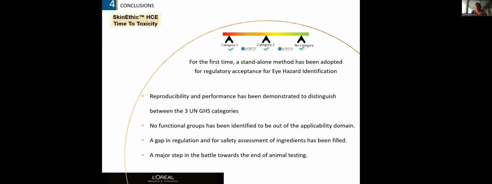No functional group has been identified to be out of the applicability domain so far. And as we pointed out before, a gap in terms of regulatory and safety assessments of the ingredient has been filled with this approach. And to my point of view, it's really a major step in the battle towards the end of animal testing. So thank you so much for your attention.